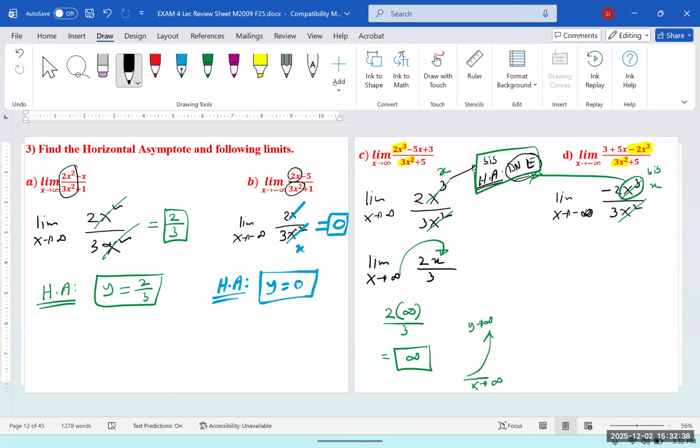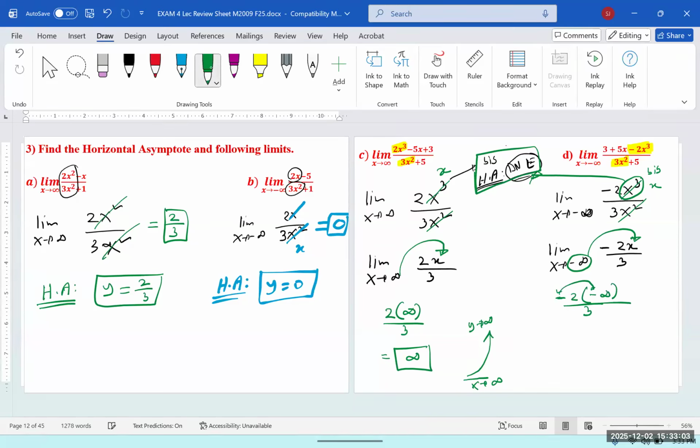So you write limit x goes to negative infinity of negative 2x over 3. And then you substitute. Your limit is negative infinity, so you substitute here. You get negative 2 times negative infinity divided by 3.